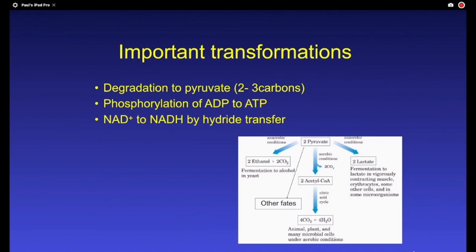Once we get to pyruvate, there's a lot of different places it can go. Pyruvate can go to ethanol, it can go to lactate, it can go all the way down to CO2 and water, and there's a whole lot of other fates that can happen. Okay? The aerobic oxidation of glucose creates CO2 and water.